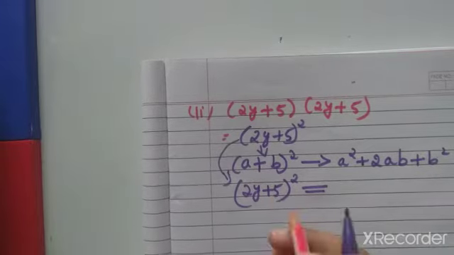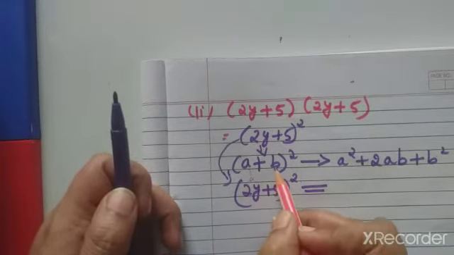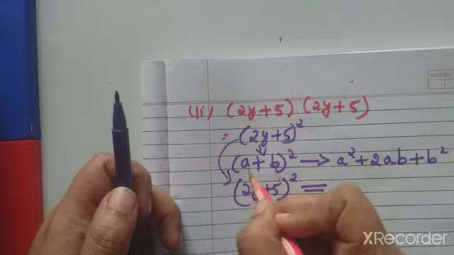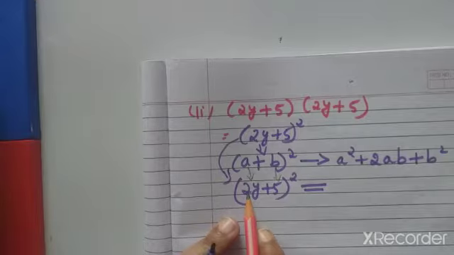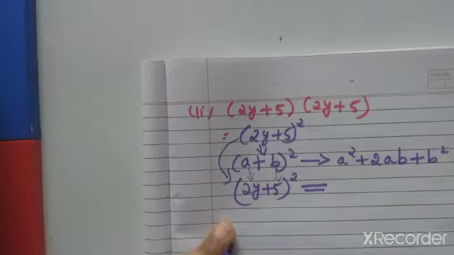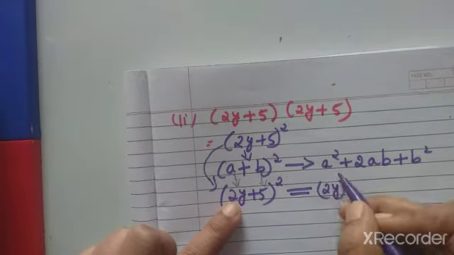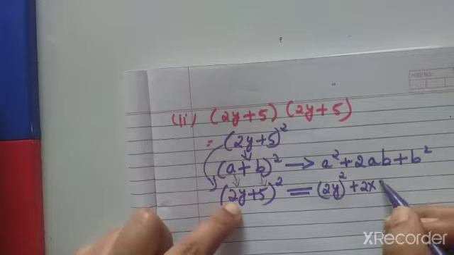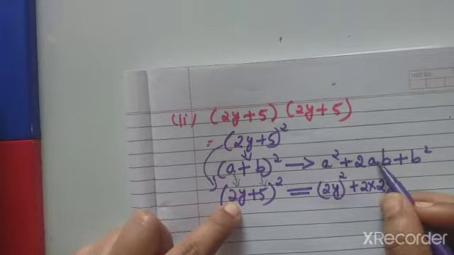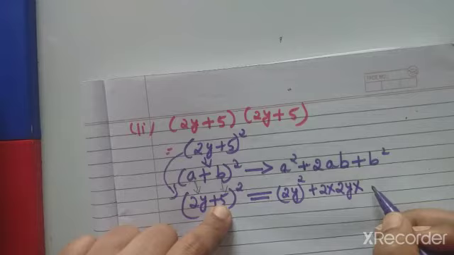(2y + 5) whole square. Here 2y is the a value and 5 is the b value. So in the place of a we have to write 2y, in the place of b we have to write 5. Now a square means we have to write (2y) whole square, plus, here plus symbol, 2ab: 2 into a, which is 2y, into b, which is 5.